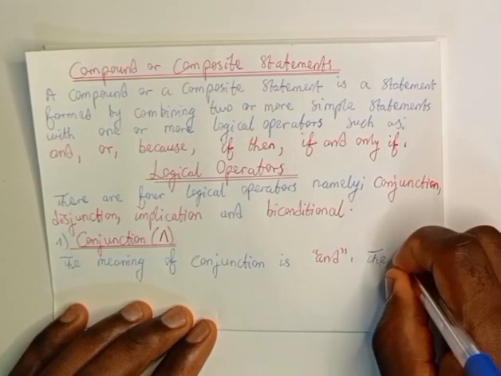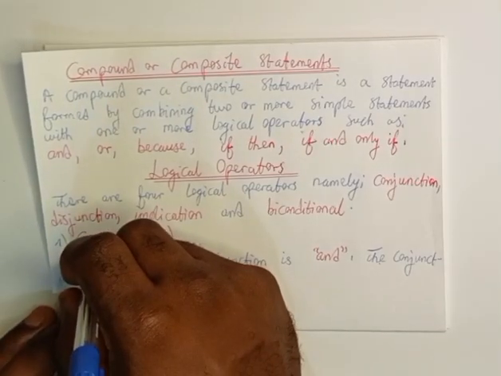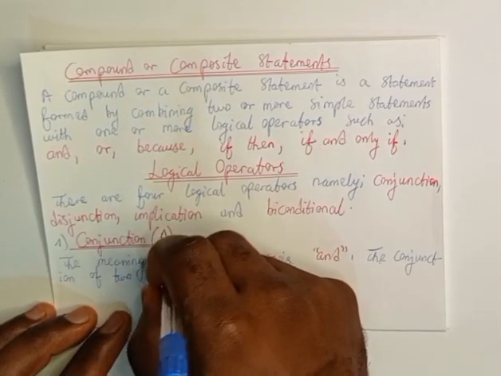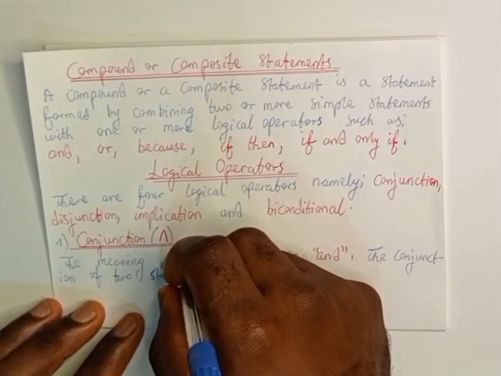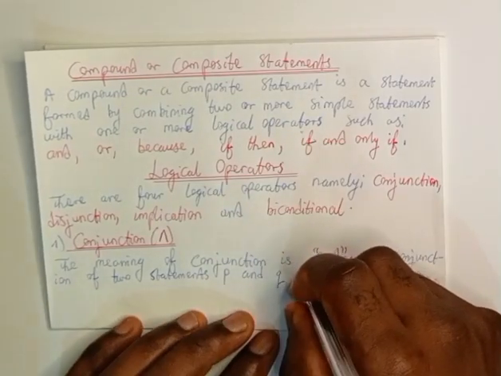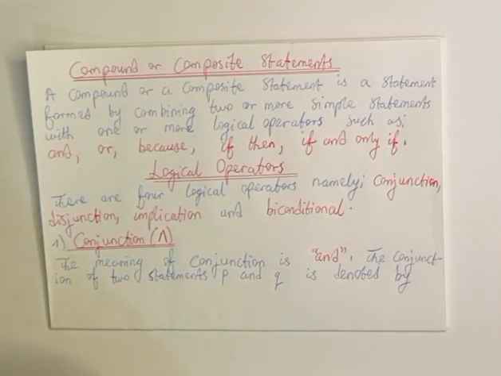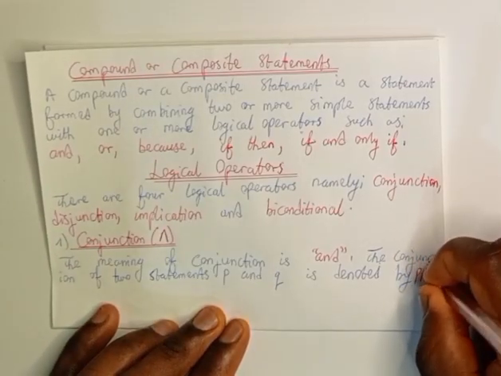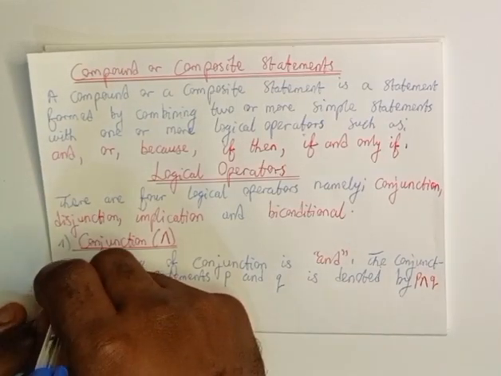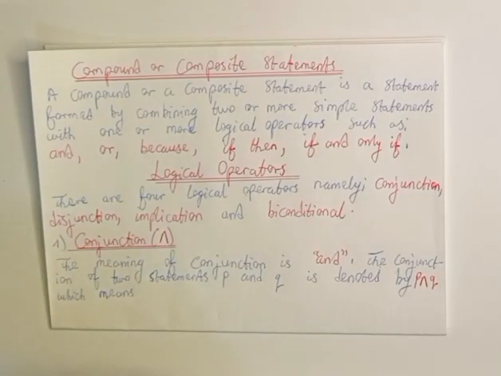The conjunction of two statements P and Q is denoted by P, like this, P and Q, which means P and Q.